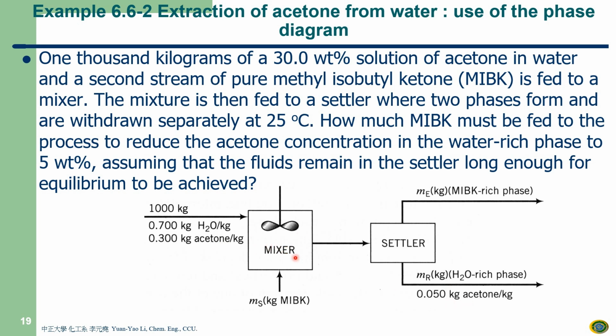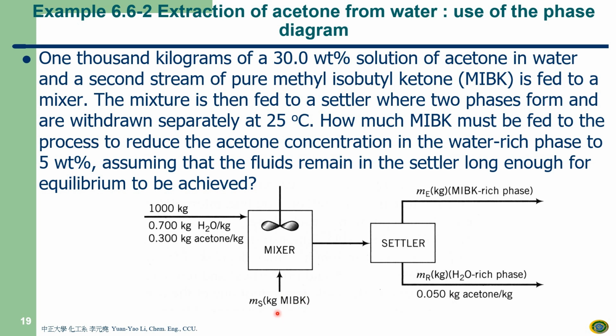Why? Because after mixing, you go to the settler and it becomes two layers. The bottom layer, for example, actually it could be the top layer, but anyway, this layer here is the water-rich phase, with 5%, and the other is the MIBK-rich phase. For the water-rich phase, you only want 5% acetone. If you don't feed a sufficient amount of MIBK, you won't get 5%. You might get 7% or 10%.